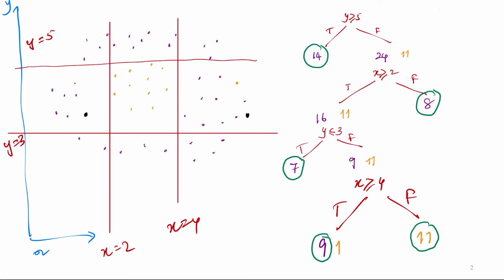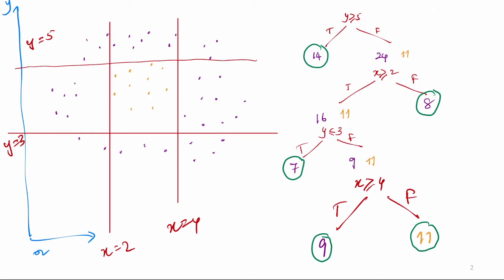So let me quickly erase these new nodes, and let me erase this one as well. All right, so we have our decision tree and our data set.